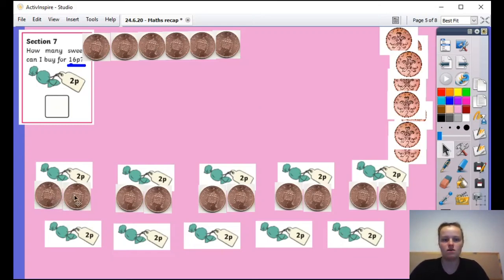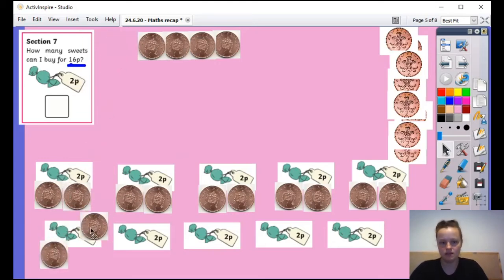So 1, 2, 3, 4, 5, 6, 7, 8, 9, 10. So 5 sweets have cost me 10 pennies so far. Now look, I've still got pennies left. So I can buy at least another sweet. Oh, I've still got pennies left. I can still buy more sweets.